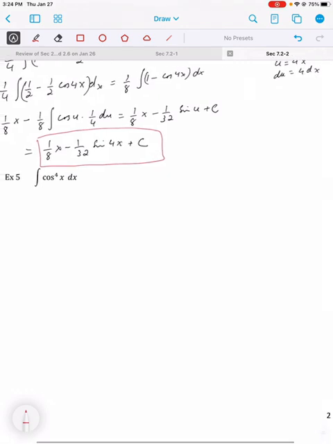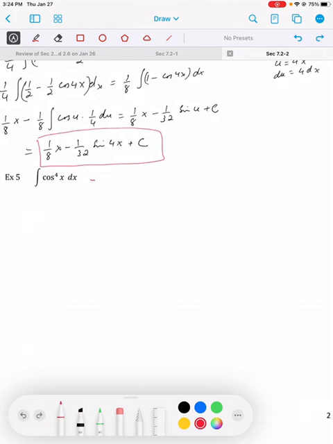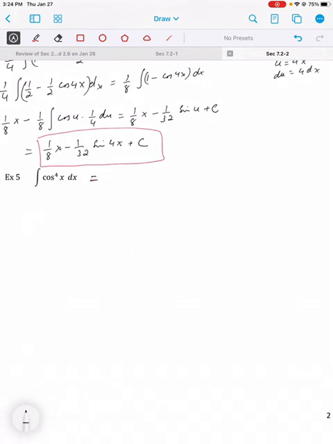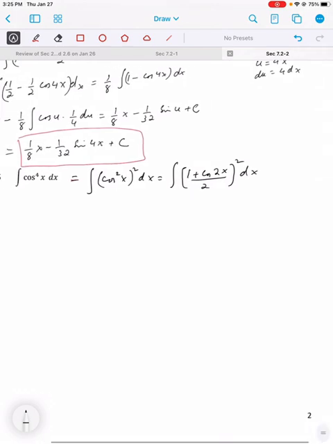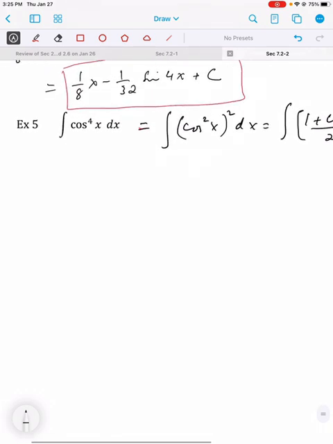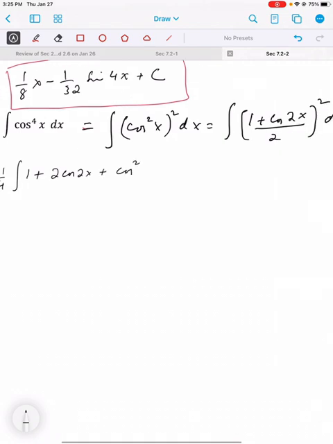So this can be written as the integral, and remember, this can be split as cosine square x whole squared, so that is 1 plus cosine of 2x over 2 whole squared, which is going to be 1 over 4 times the integral of 1 plus 2 times cosine of 2x plus cosine squared 2x dx.